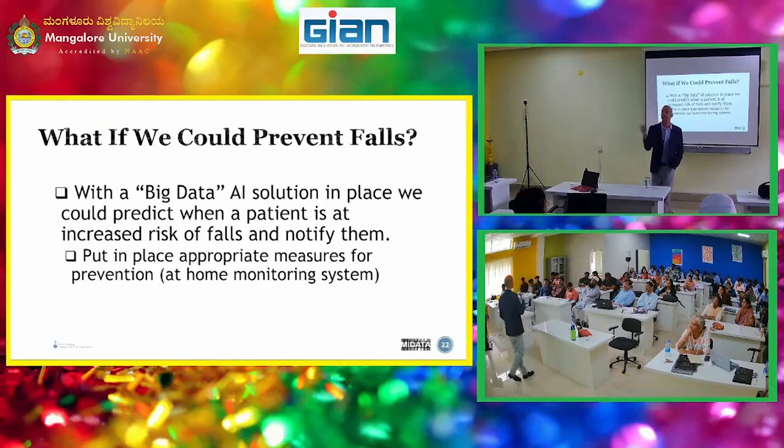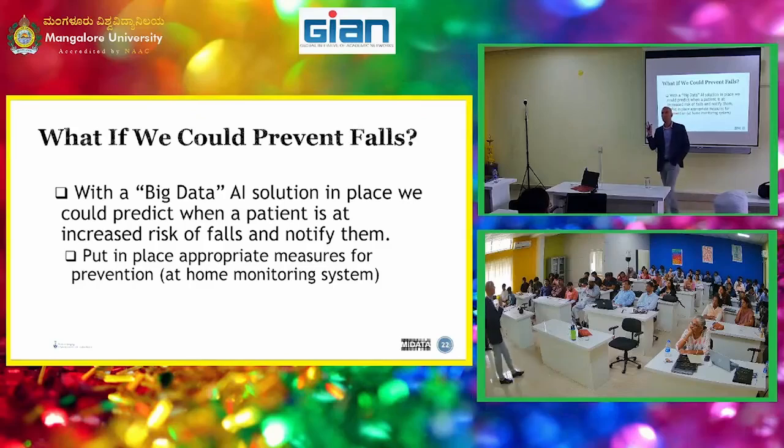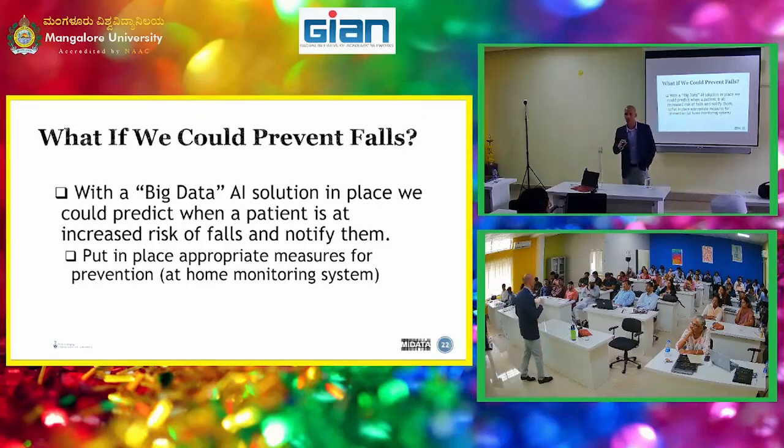So that's the premise. So how are we going to use AI in order to avoid that? Well, how do we use that? We have mental life, we have data reflection, we have software. How are we going to actually prevent falls?